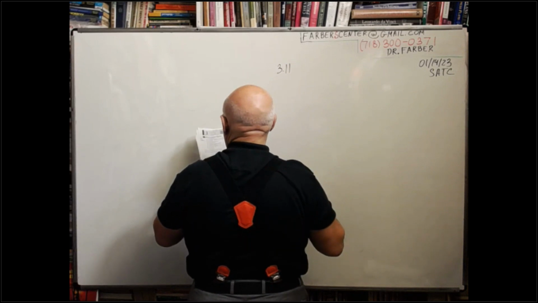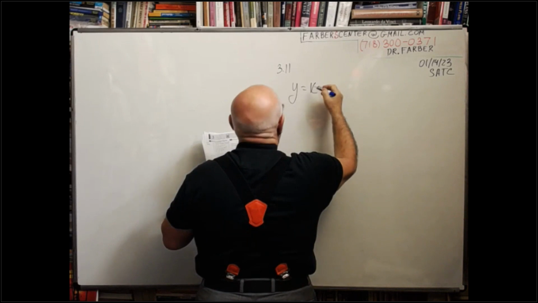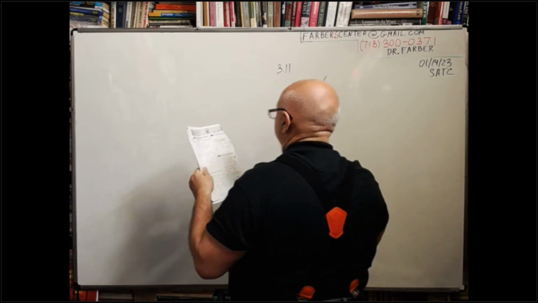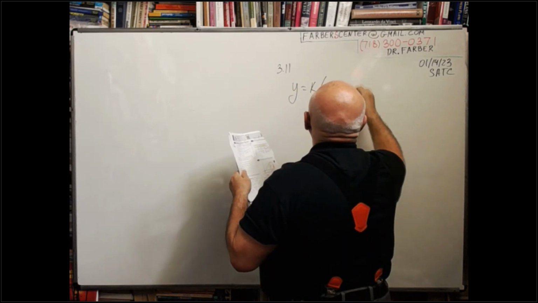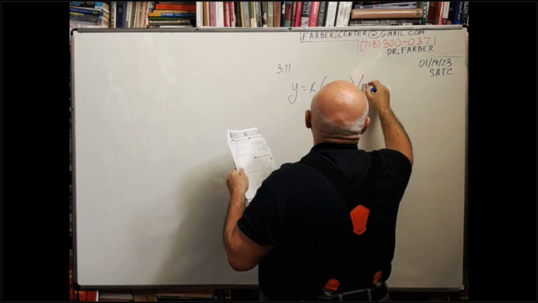We have equation like y equals k times x minus 4 times x plus 2.